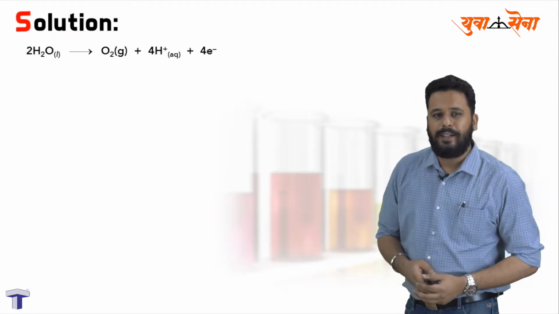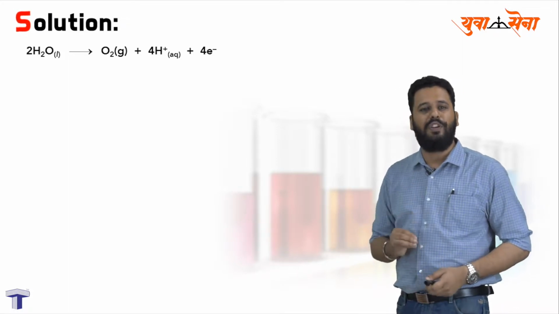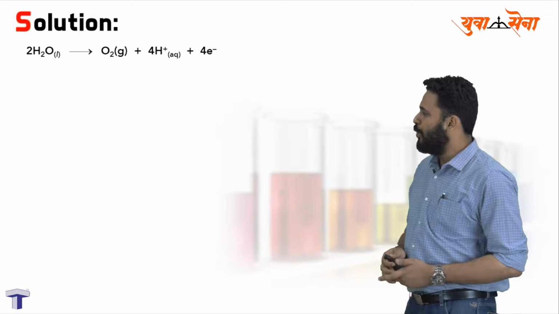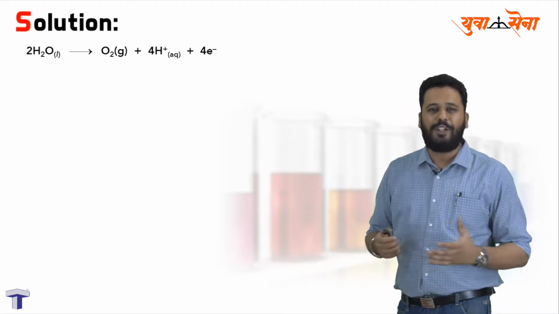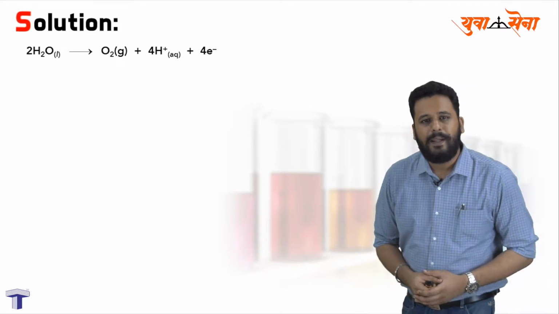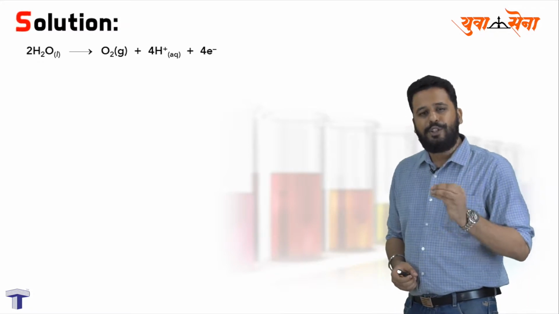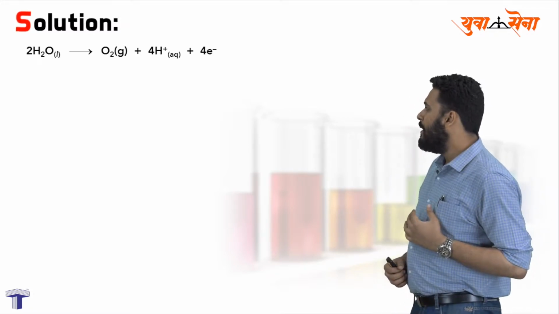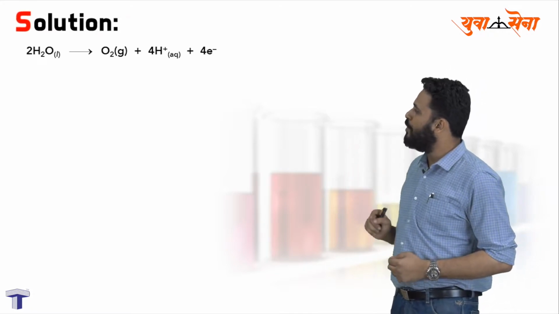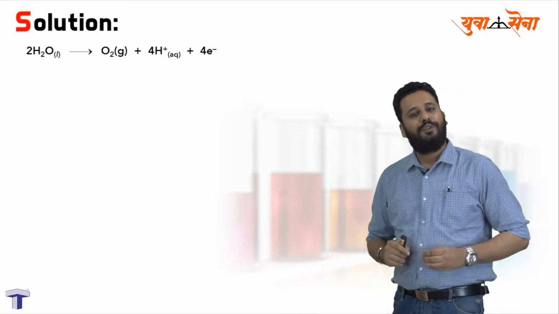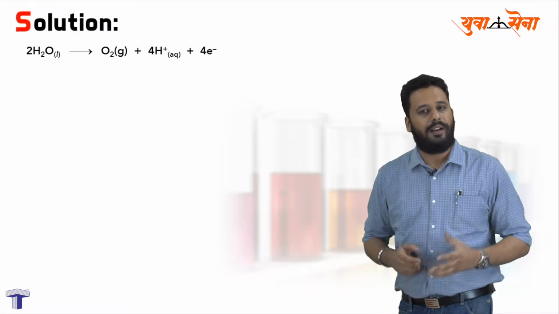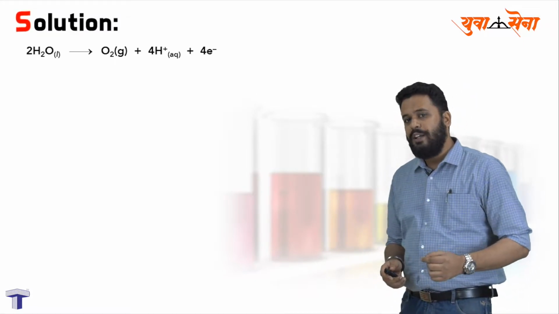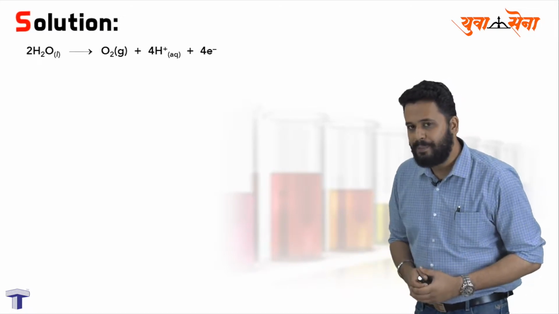We know that there is a chemical reaction for decomposition of water, where water decomposes into oxygen and H plus ions are released. Now along with H plus, 4 electrons are also released. So I can say that for 1 mole of oxygen to be released, 4 moles of electrons are required, and we know that 1 mole of electron is a charge of 1 Faraday.